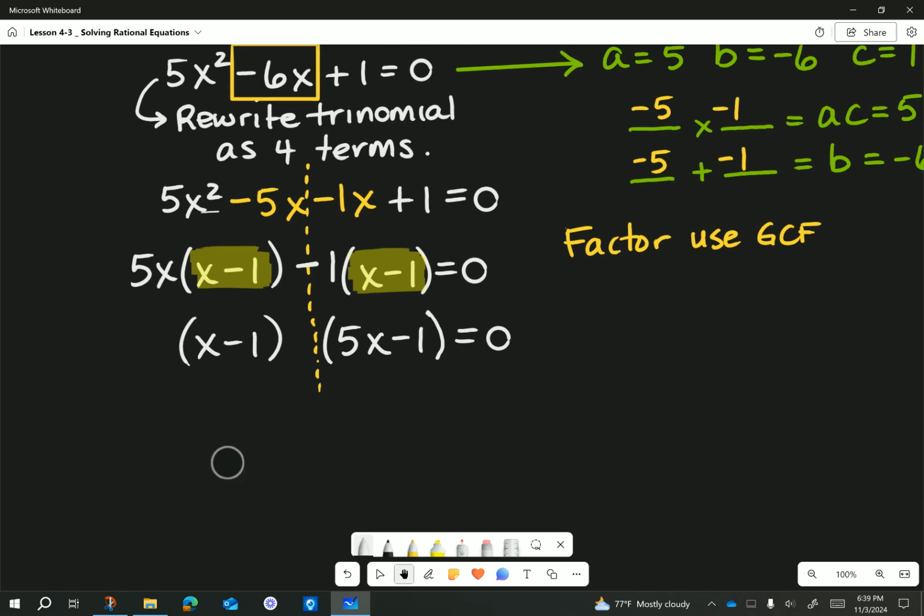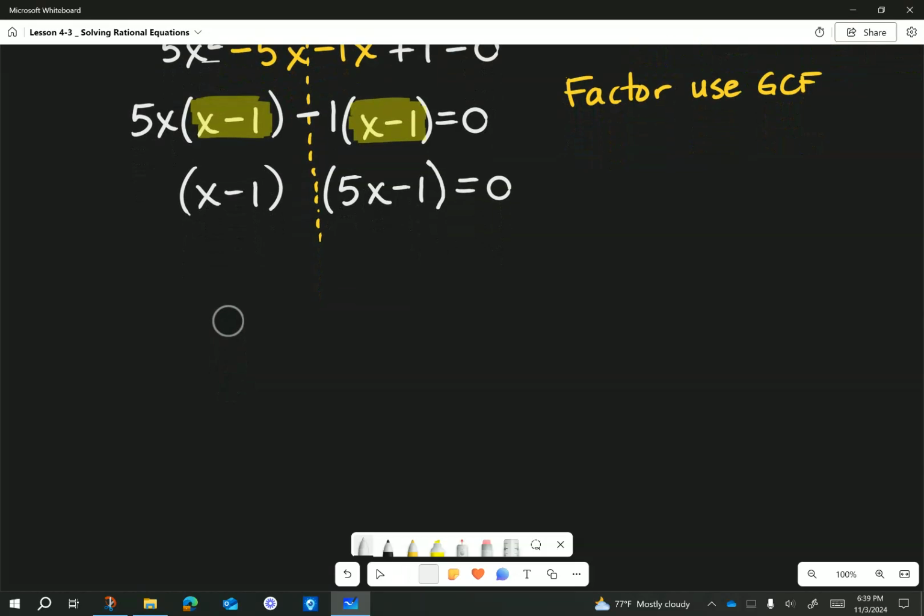And now your trinomial has been fully factored. So now we are able to apply the zero product property that says to set each factor you found equal to 0 and solve for x, and those will be the solutions of your rational function.